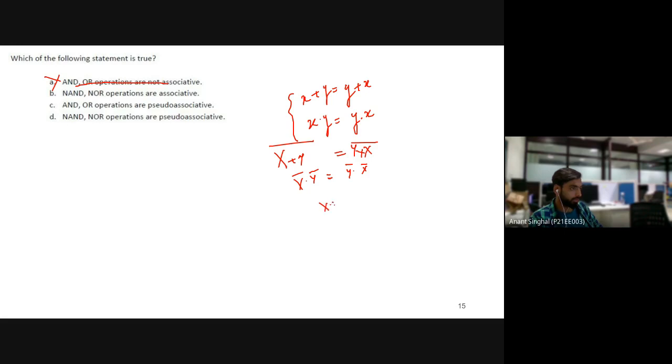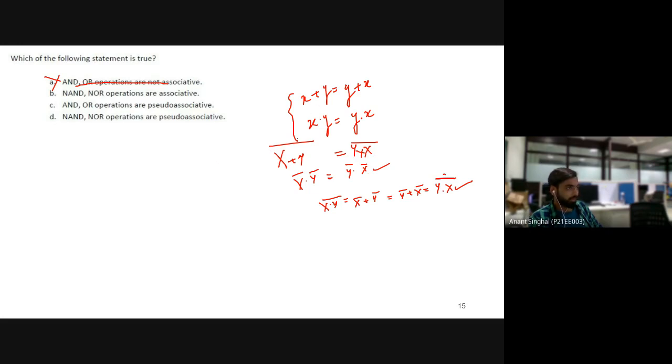Since we are using De Morgan's here, this is what we call pseudo associativeness. They are not associative directly, so you cannot write directly that NAND and NOR gates are associative.